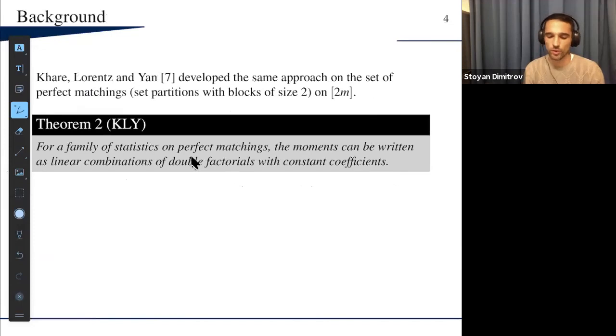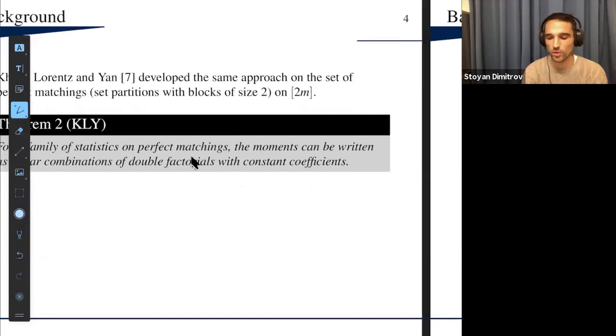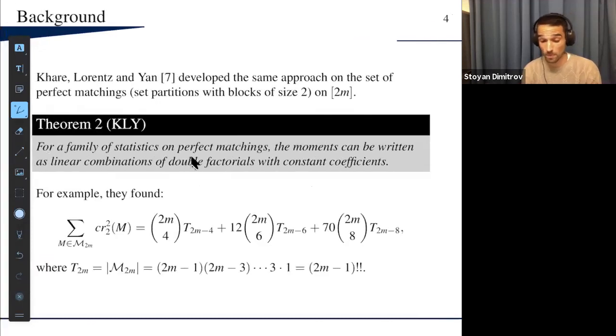For a family of statistics on perfect matchings, their moments can be written as linear combinations of double factorials, this time with constant coefficients. Here is an example for the same two-crossing statistic. The summation of the second moment over all matchings this time is given by this formula.